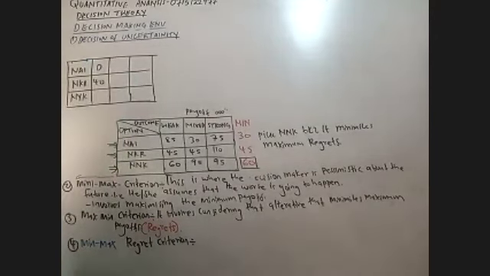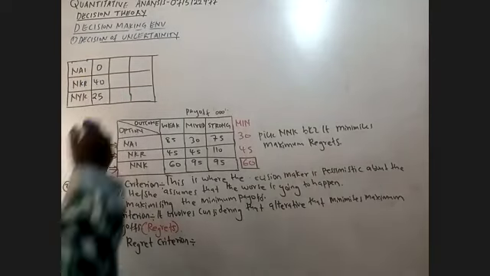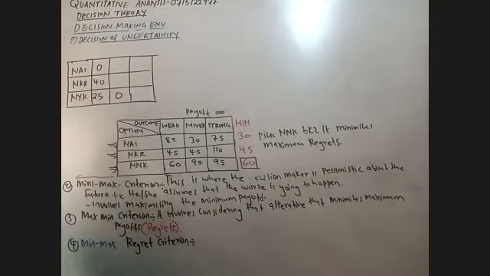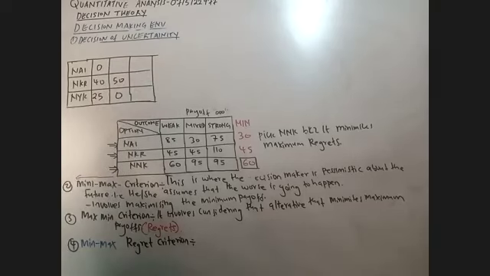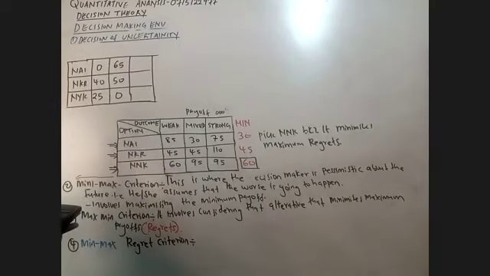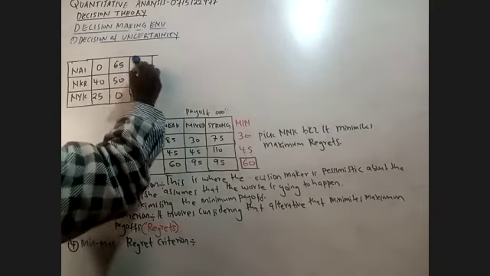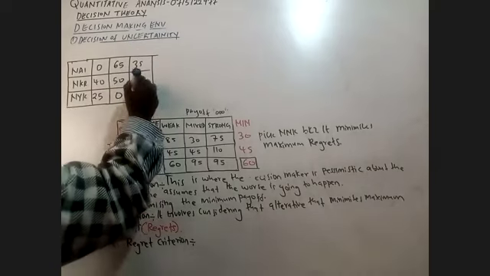I hope that's what it was. 25. I don't know if you got the same. 0, 50. Then you have 65. Then 110 minus 75, 35. 0. Then 110 minus 95, 15.